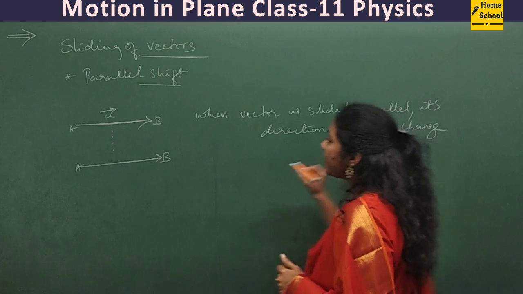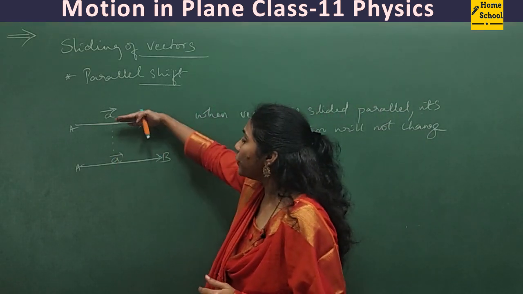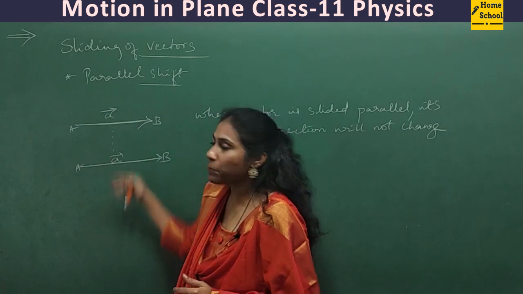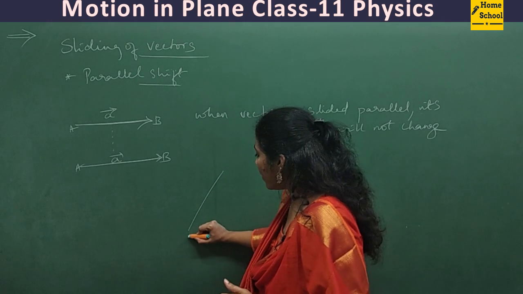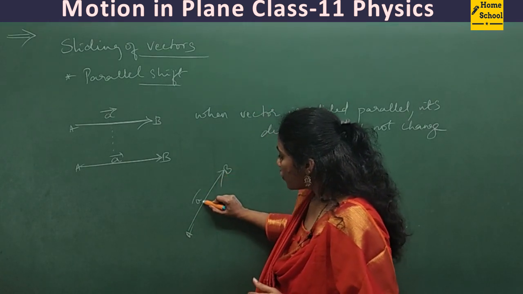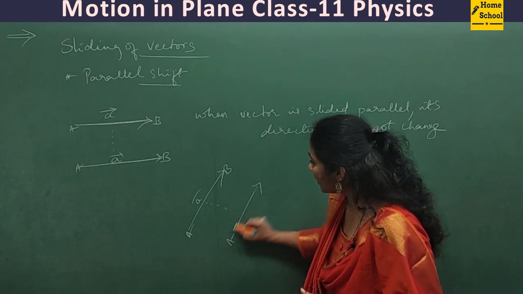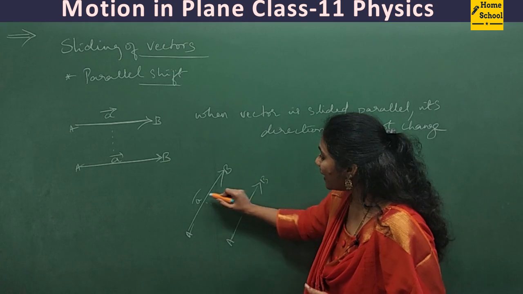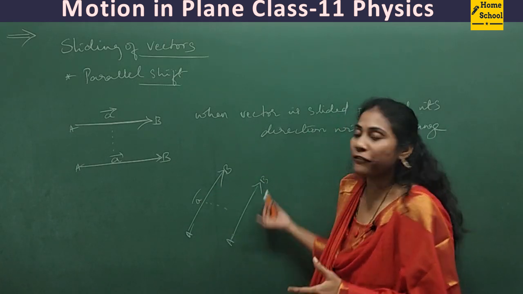This is also the AB vector only. So the same vector you can slide, you can shift its position. Imagine this is an AB vector in this direction. I can always shift it parallelly. Somewhere here I can bring this. When I bring this vector from here to here, it is the same vector. It has not become a different vector.